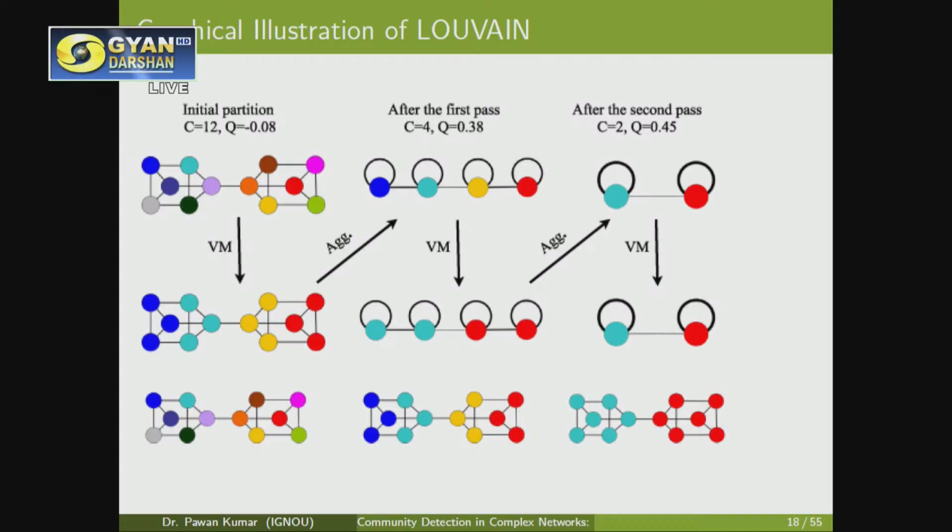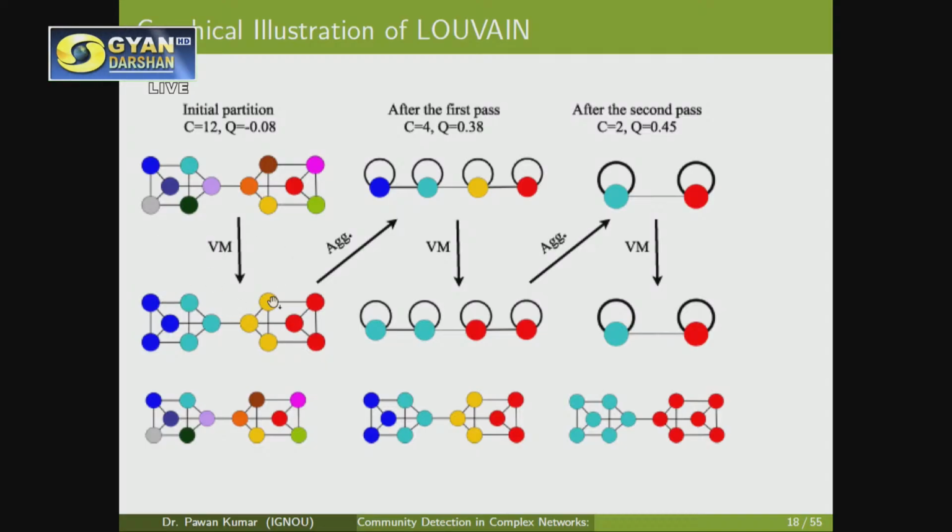That means if it is removed from its original community and shifted to the neighboring community, the gain in modularity is computed, and this is done for each of its neighboring communities, and the community for which the gain is highest is picked.